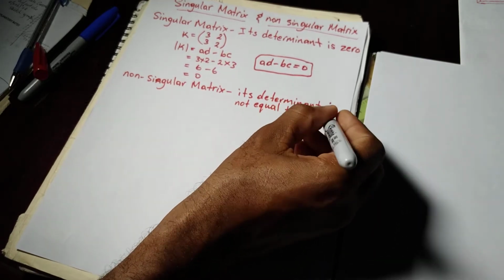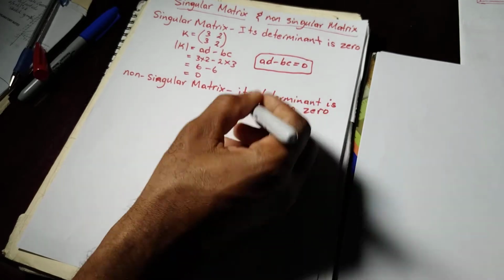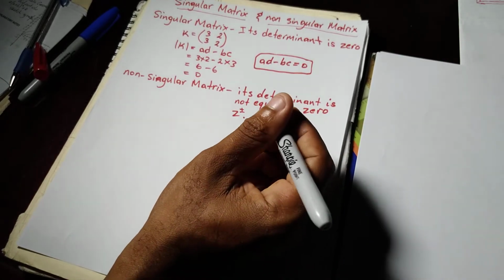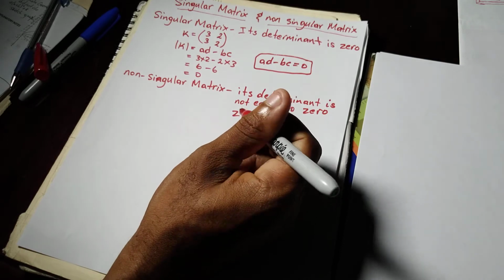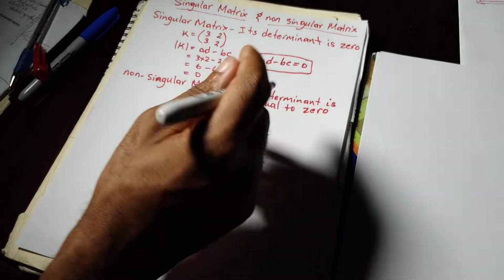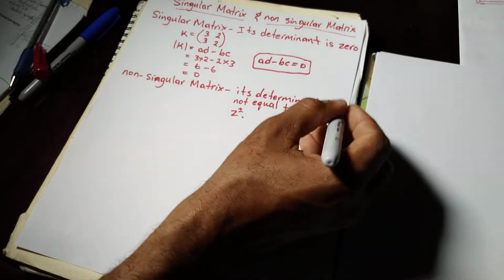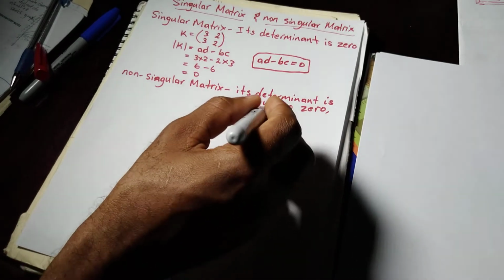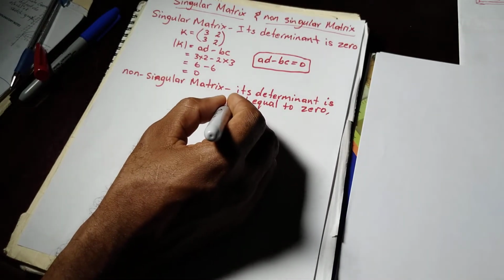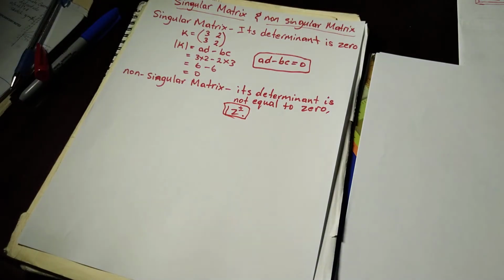So it's equal to an integer, a positive or negative number, so it's an integer except 0. So the determinant is not equal to 0, but instead it's equal to an integer. Remember, Z represents an integer, which is a positive or negative number.